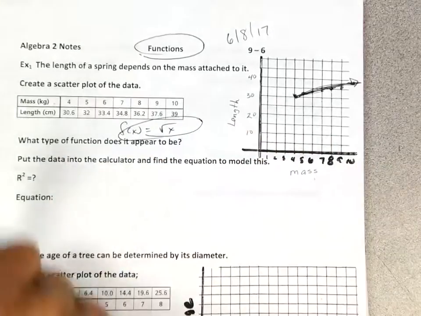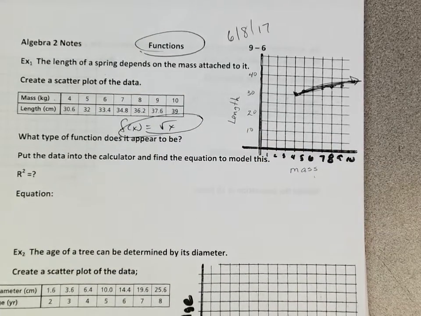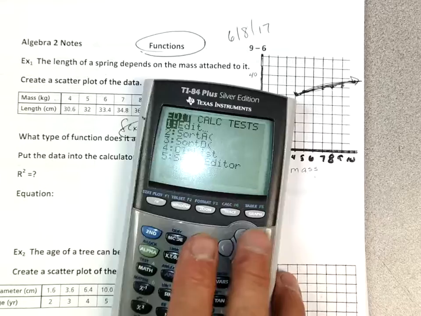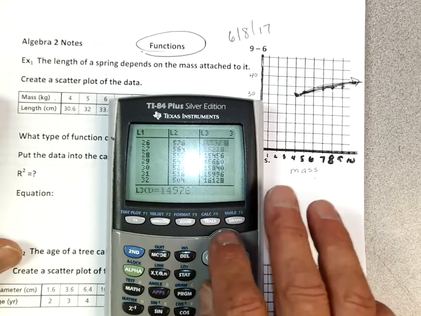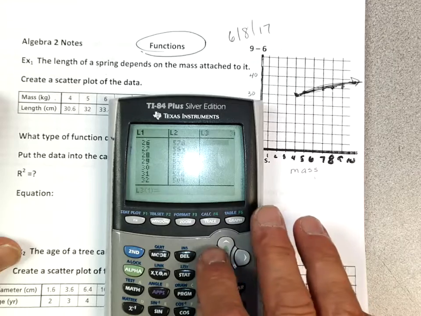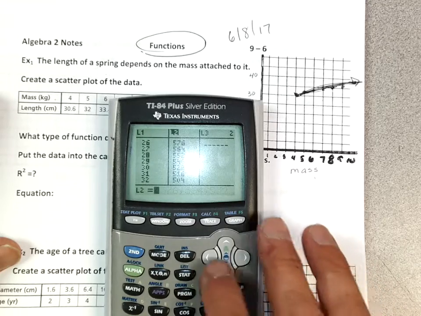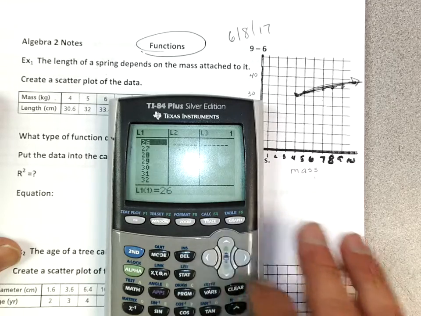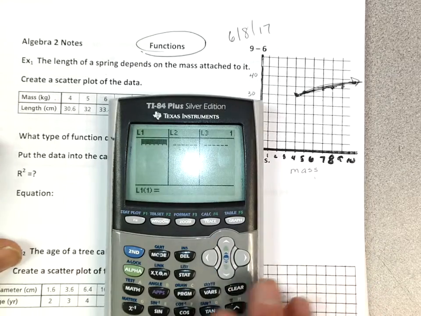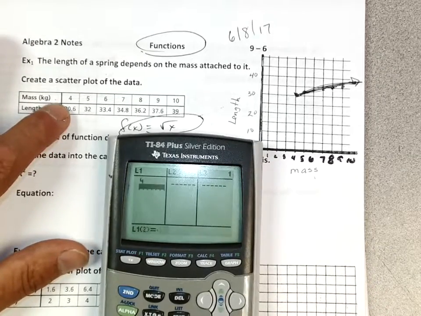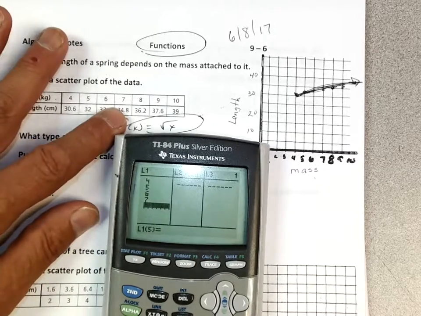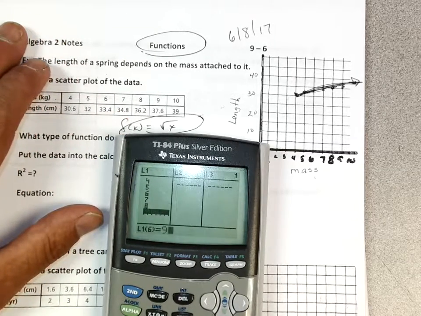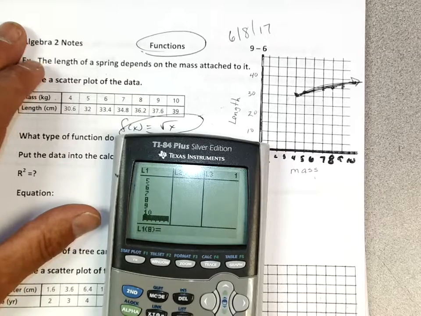Now, if I want to put it in the calculator, let's go back to calculate, edit. I'll clear, and I'll get all sorts of stuff in here. Clear. Clear. Okay, so let's put it in. I go 4, enter, 5, enter, 6, 7, 8, 9, 10, right?